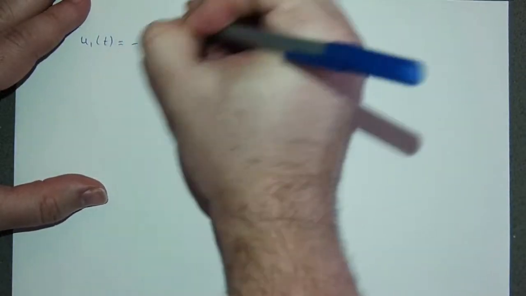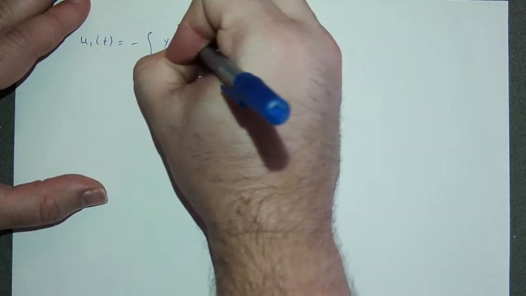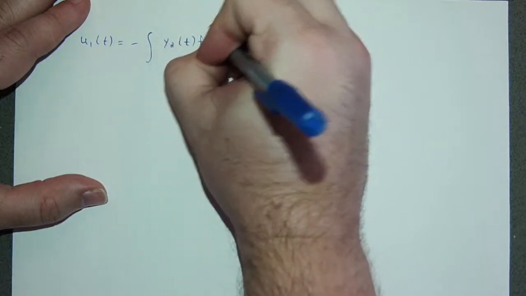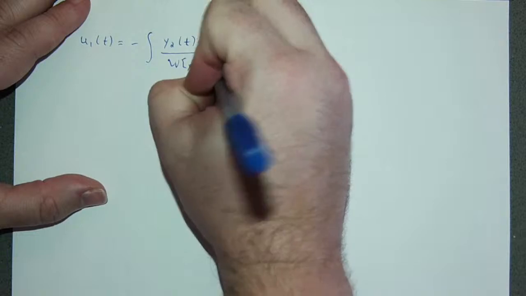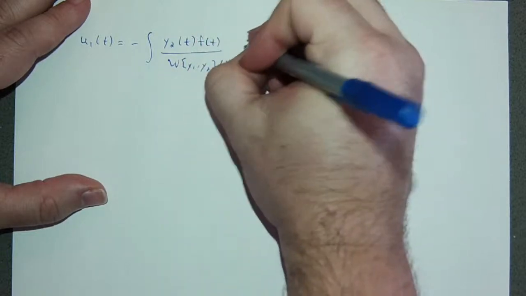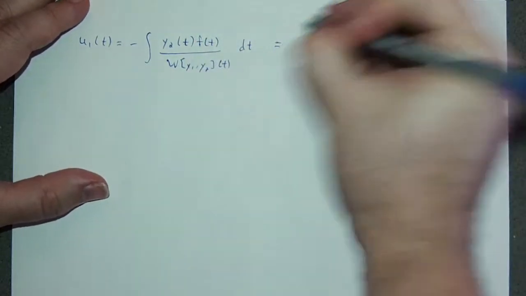So then u1 of t is minus the integral of y2 of t f of t over the Wronskian of y1, y2 dt. So what is that?